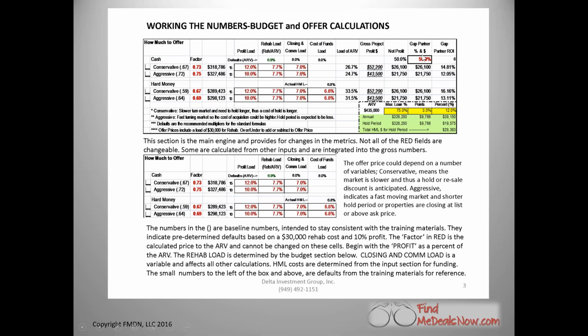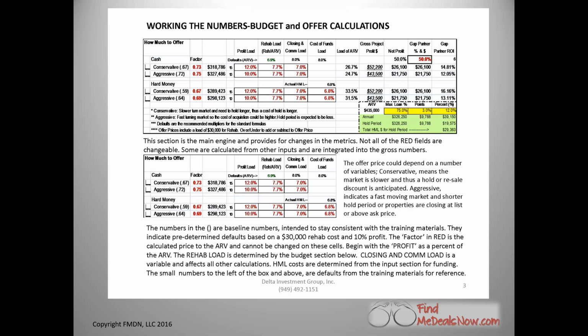Also here, if you're using a gap partner, that is somebody who puts up the down payment money, a partner who puts up your equity. Maybe they're a signator on the loan and they get a profit share of the deal. They're typically still going to have to put up some money.